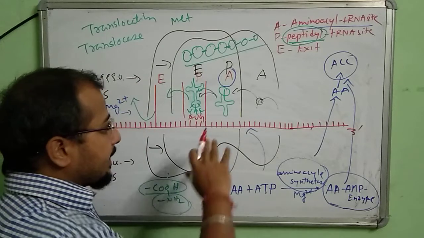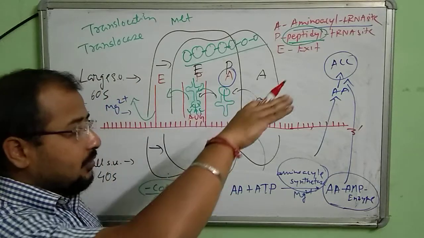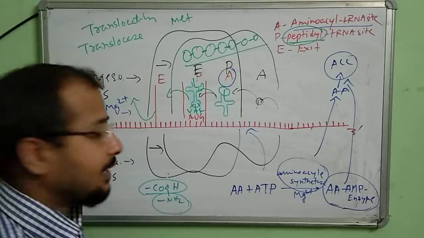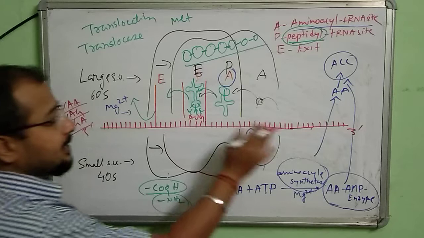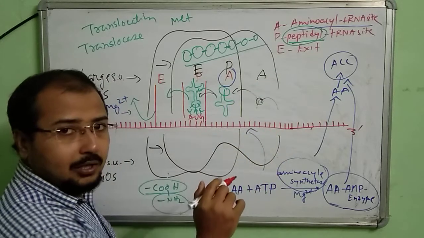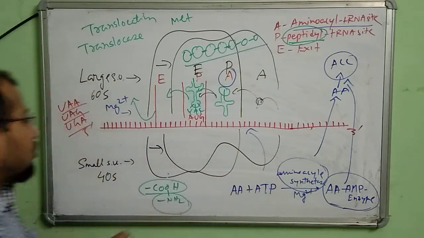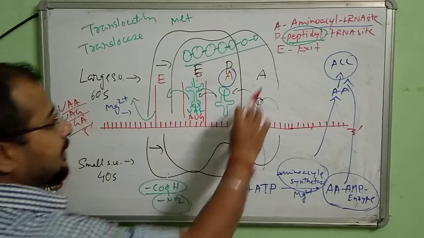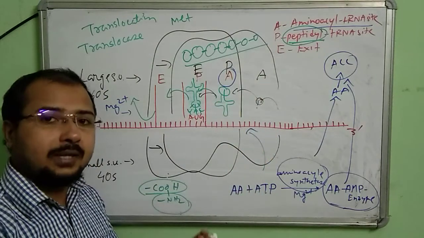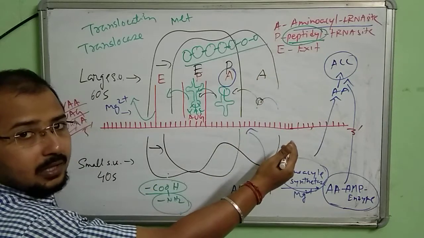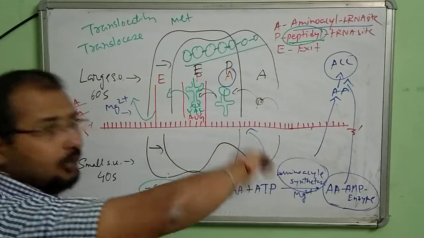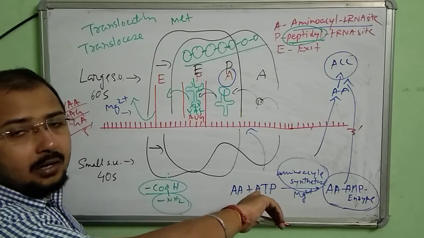So as the ribosome moves on the mRNA strand, when any one of the stop codons comes at the A site, or another way we can say, when the A site reaches the area of any of the stop codons.